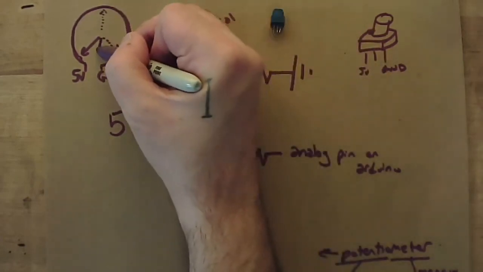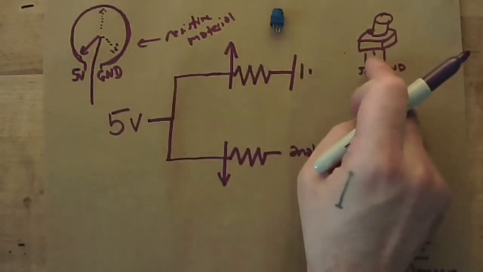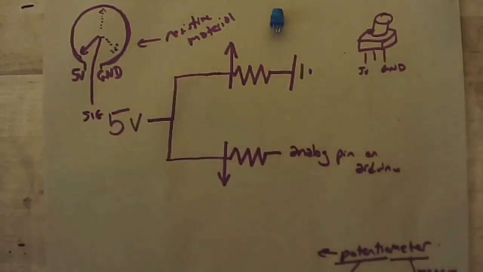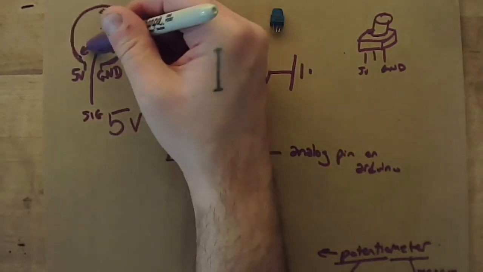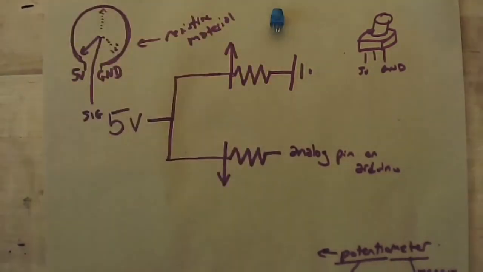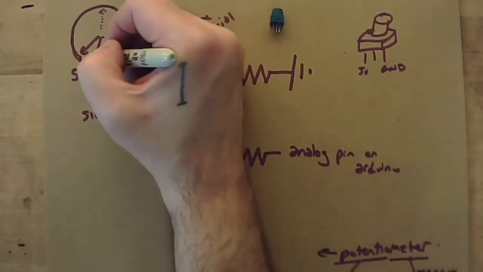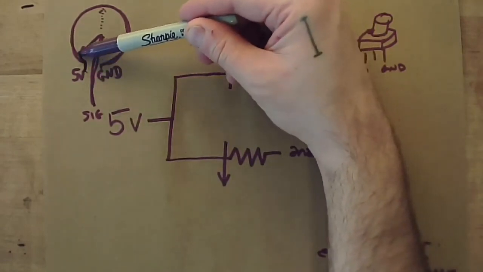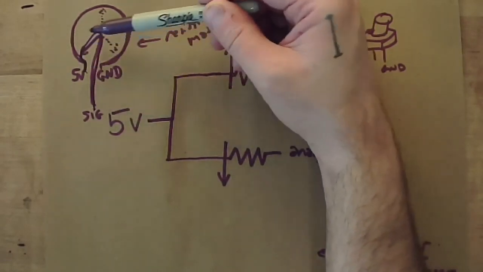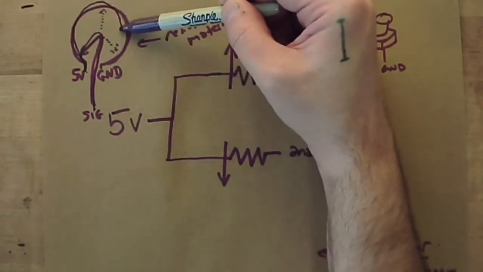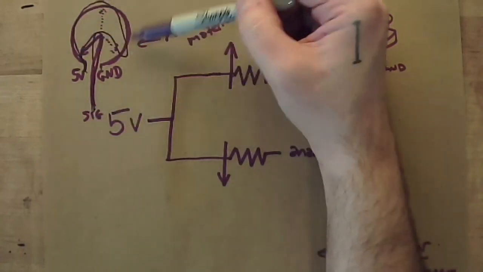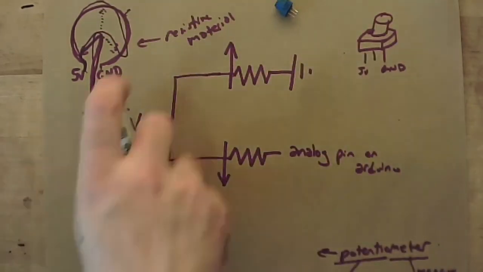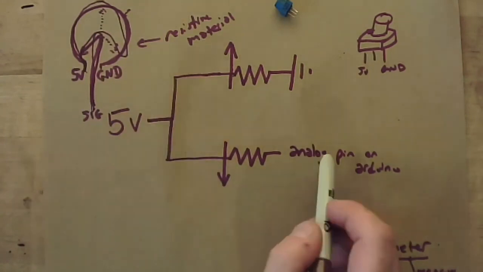And that wire is connected to that center pin, which we call our signal pin. And depending on how far you've turned it, there will be a shorter path, sorry, I was blocking that a little bit with my hand, a shorter path between the 5 volts and the signal pin, or a longer path through that resistor, which is going to influence the resistance, which is going to change the amount of electricity that's going to that pin.